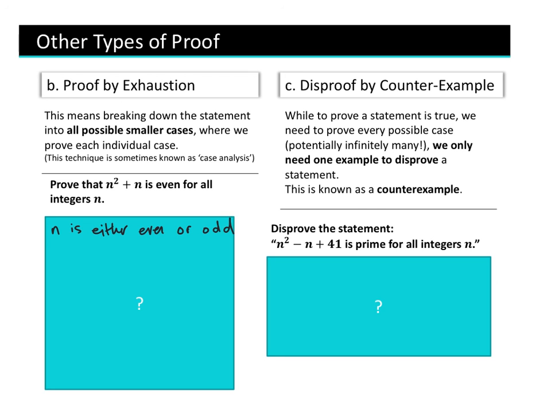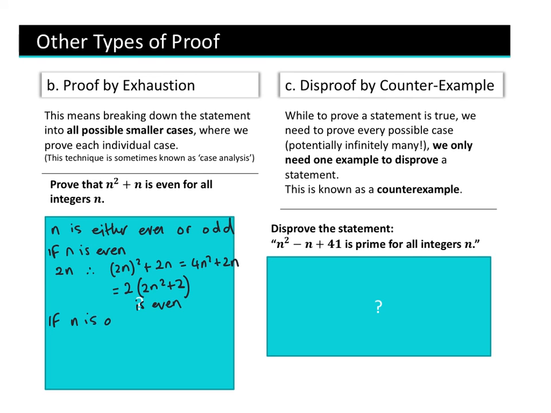Now the proof in the book uses words, but I really think that we shouldn't just use words. We use algebra. So if n is even, we know that this is 2n. So therefore, (2n) squared plus 2n, which equals 4n squared plus 2n, which we know we can factor out a 2, and we get 2(2n squared plus n), which we know is even, because it's in the form 2n.